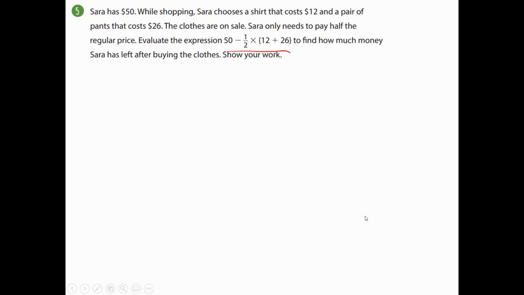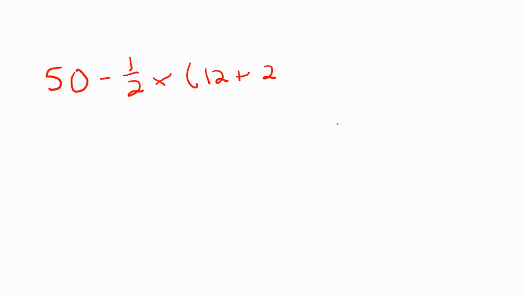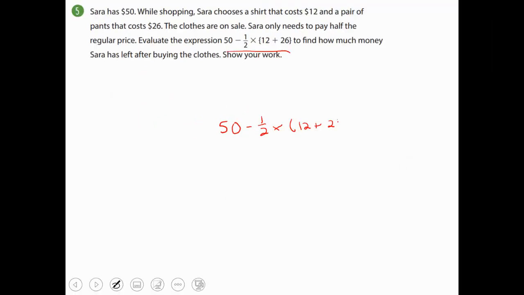And lastly, let's go ahead and go to number 5. So I'm going to have 50 minus 1/2 times, and we'll call those parentheses, 12 plus 26.